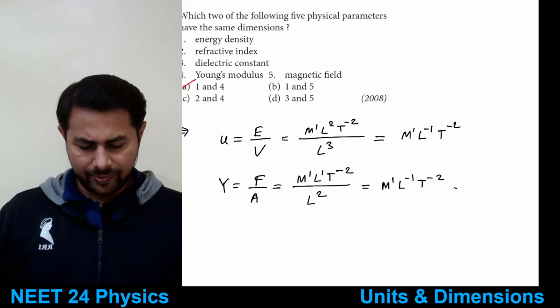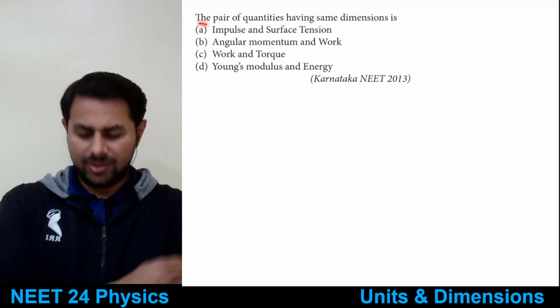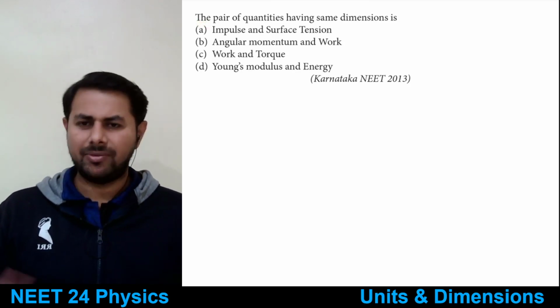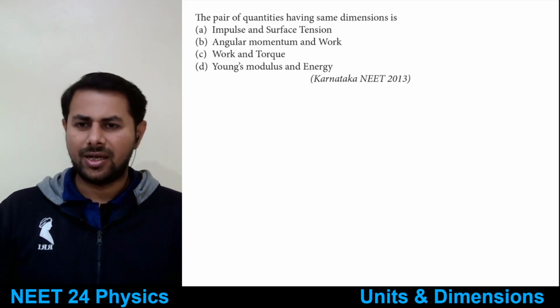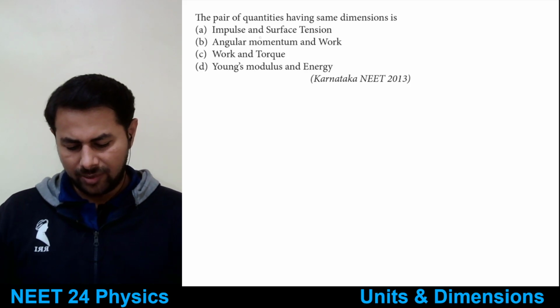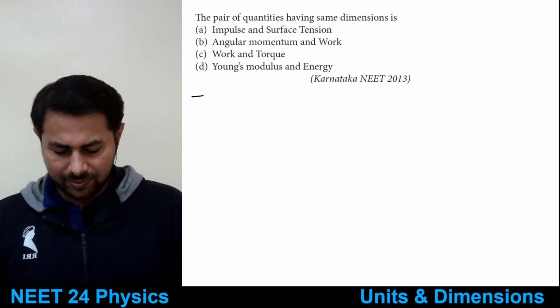Okay, good. So now you tell me the pair of quantities having the same dimensions is. Yeah, good, Divashivani. Tell me, impulse and surface tension. Do you know what is impulse, what is surface tension?